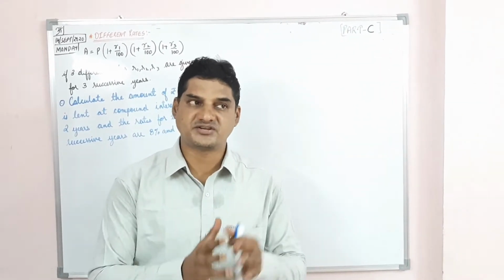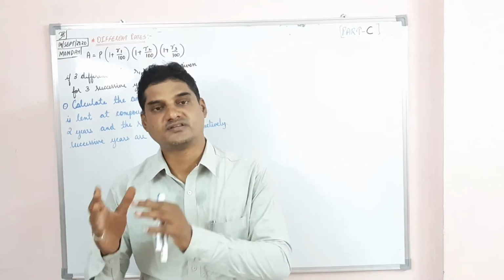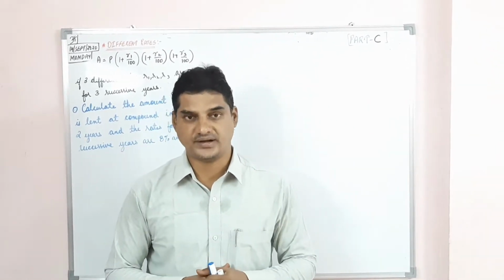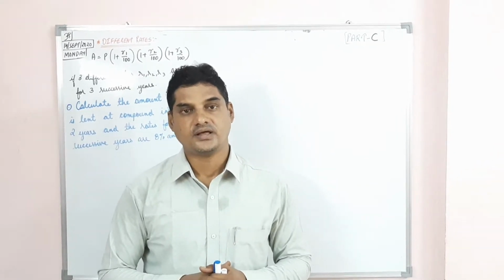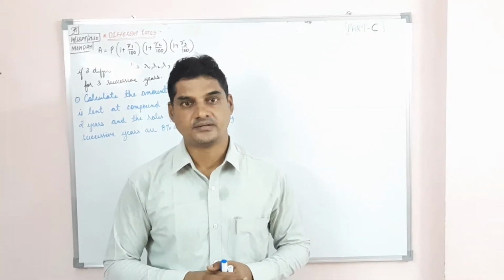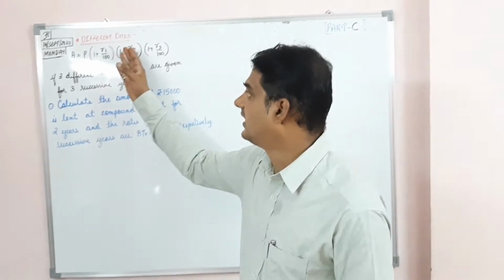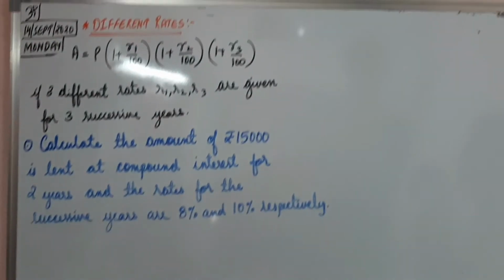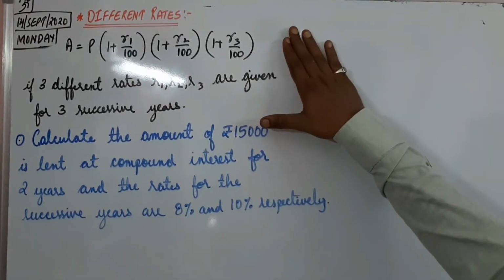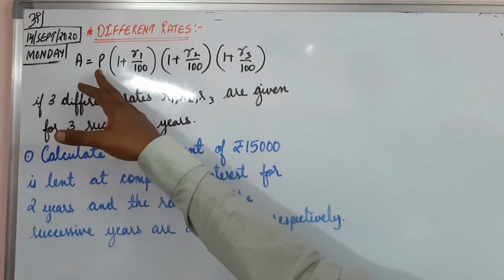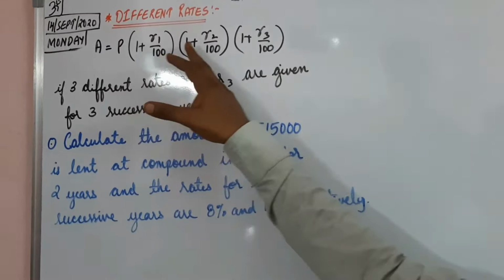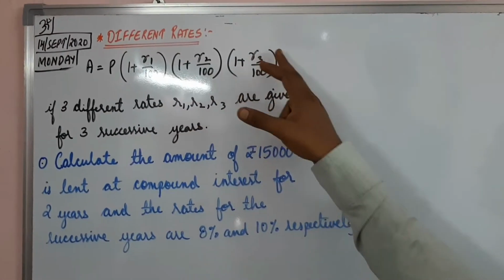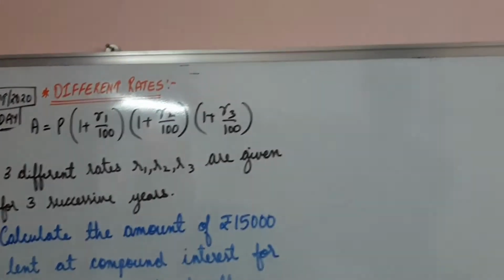For the first year the interest rate is 10% and for the second year the interest rate is 12%. How shall we calculate it if it is given in this format? For that we got the formula for different rates: A is equal to P of 1 plus R1 by 100 into 1 plus R2 by 100 into 1 plus R3 by 100.